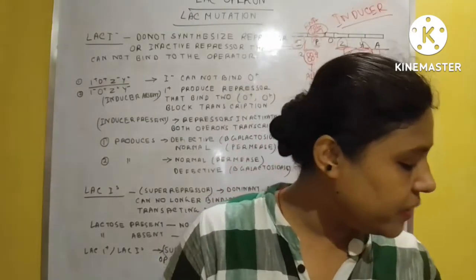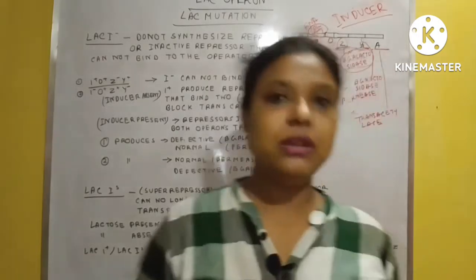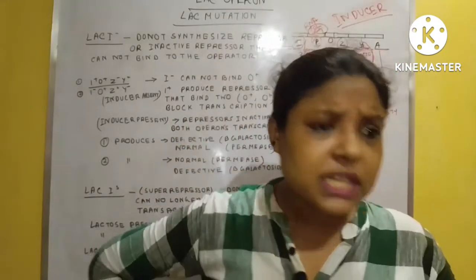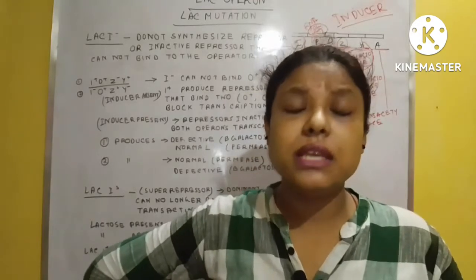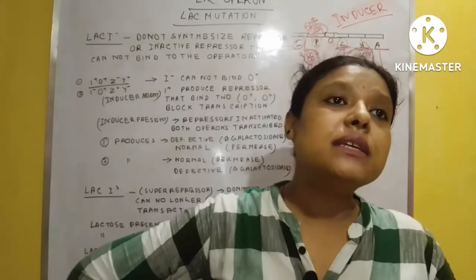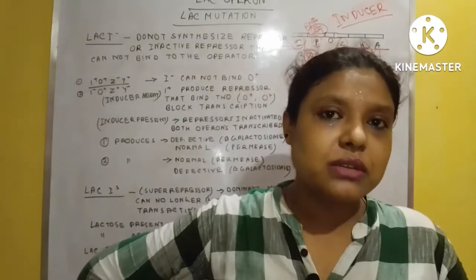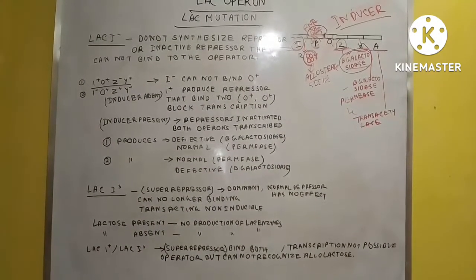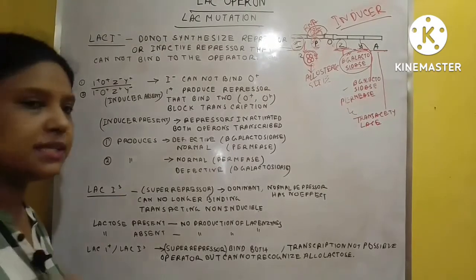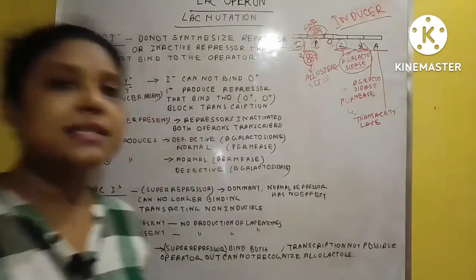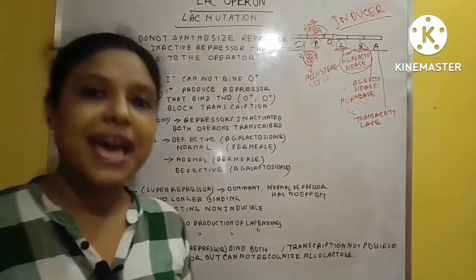Here I will discuss the mutation of the regulator gene. If the regulator gene remains in the wild type situation, it is I plus. But if the gene, the regulator gene or I gene, becomes mutated, what condition arises?